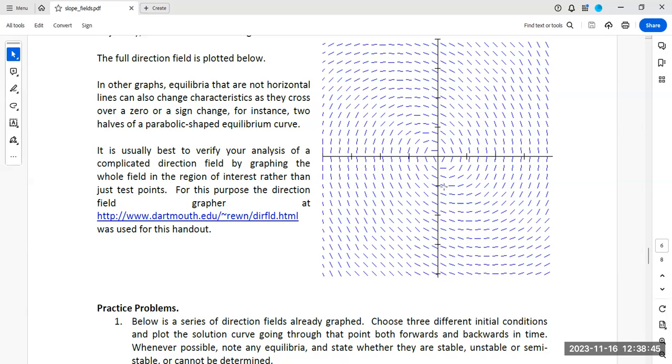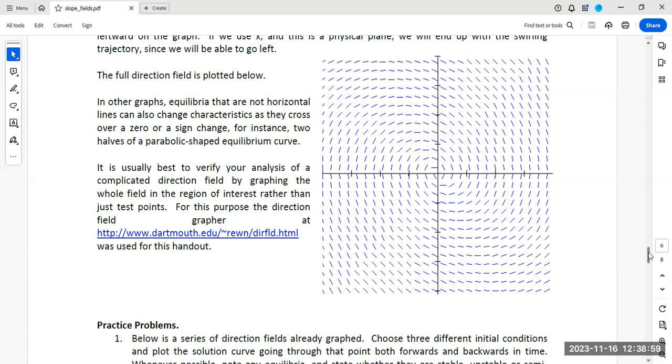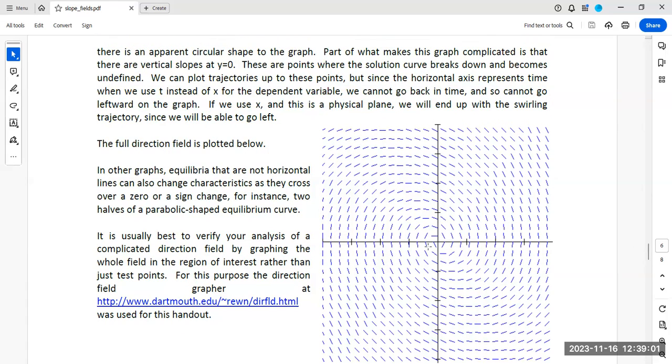Now, there are lots of direction field tools out there. This one may no longer be working because I wrote it quite some time ago. But if you Google for direction field grapher or slope field grapher, there are lots of examples out there you can use to draw your slope fields and get a sense of how they behave.